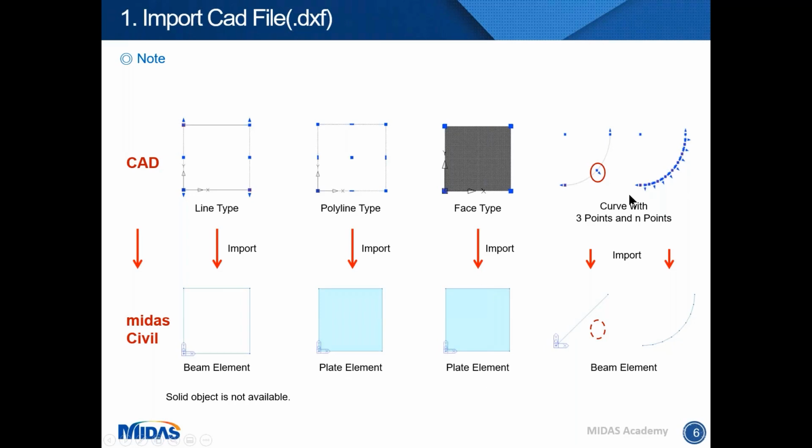When you import a curved line, it should be divided into multiple points. Otherwise, it will show a straight beam element in MIDAS Civil. So if it is divided by multiple points, then it will be a curved beam element.